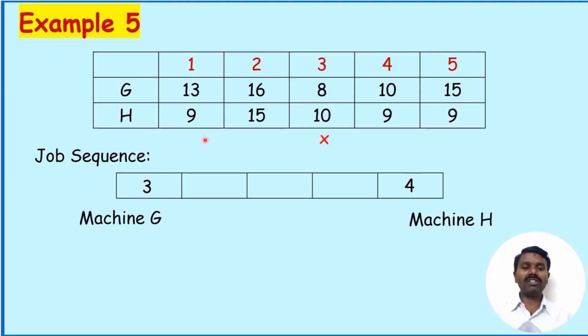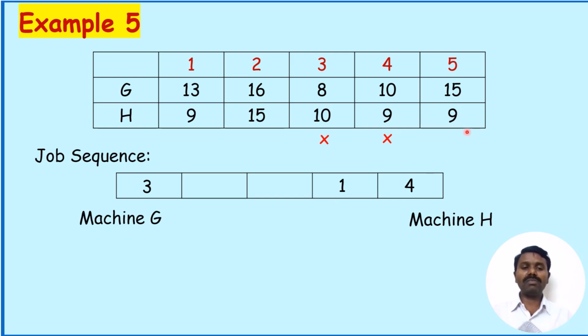Then the next smallest value is 9 again, and considering the smallest value in G also, order 1 becomes the next schedule. This belongs to H, so we schedule it in the last available block, that means next to 4 it becomes 1.